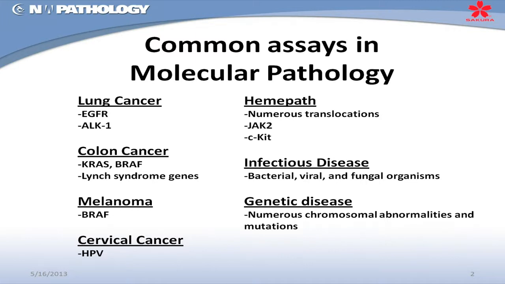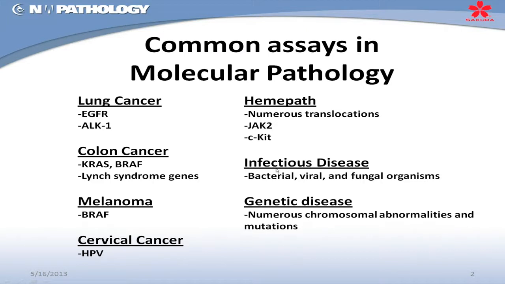Hematopathology is one of the areas of pathology that had molecular assays earlier than many others, because there are so many specific translocations that define many of the lymphomas and leukemias we know about, as well as some specific mutational assays, such as JAK2 in myeloproliferative neoplasms and c-KIT in some AMLs. So these are many cancer-related applications of molecular pathology.